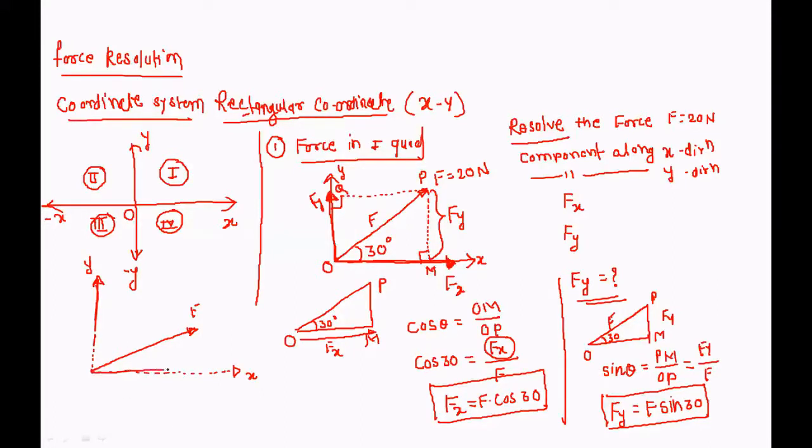So this component Fx is equal to F cos 30, and this component, that is Fy, is equal to F sine 30. So I hope this point is clear to you, how to resolve the force when the force is given in the first quadrant.